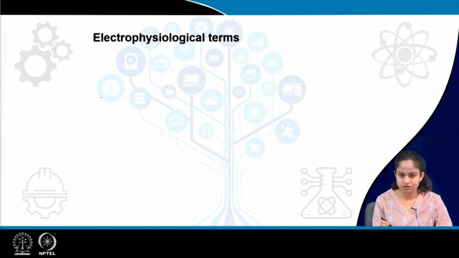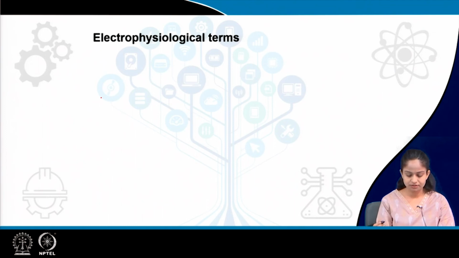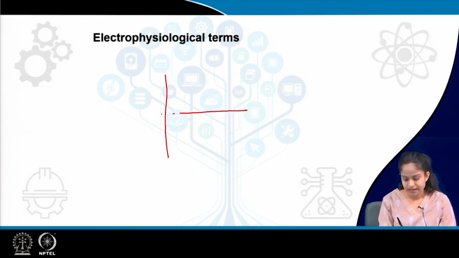So, a few electrophysiological terms after this, which are very important. The first thing is, suppose this is the axis we are drawing, and here suppose this is -70 millivolt.